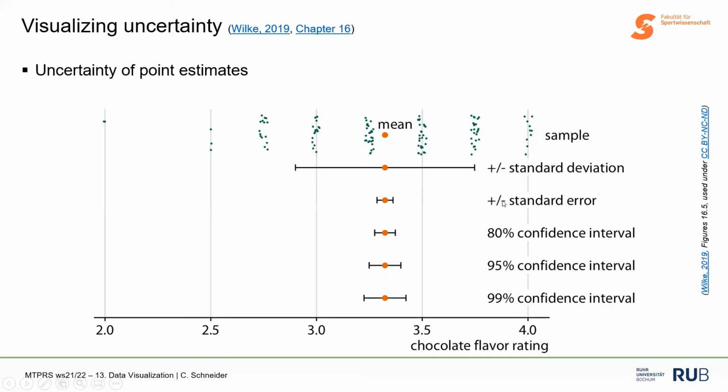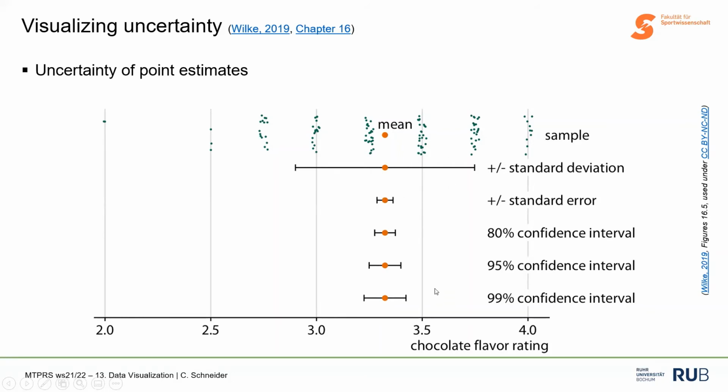But because we have a relatively high sample, the standard error is way smaller than the standard deviation. So if we're displaying error bars, we need to know whether we are displaying standard deviations or standard errors. And of course, we can also display different confidence levels, and confidence levels are always related to standard error and not standard deviation.